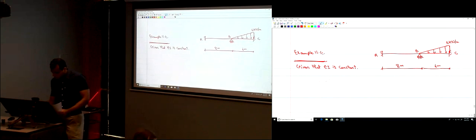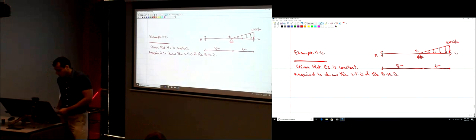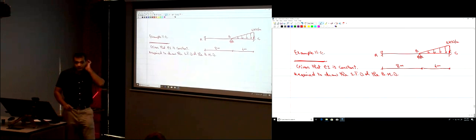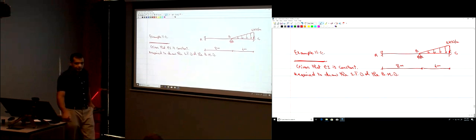We're required to draw the internal force diagrams, the shear force diagram and the bending moment diagram for this beam.